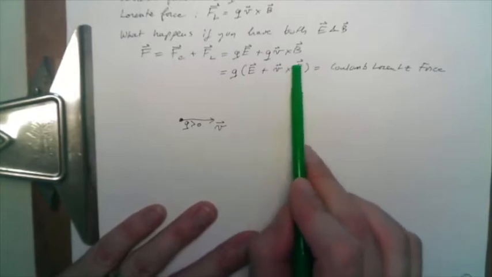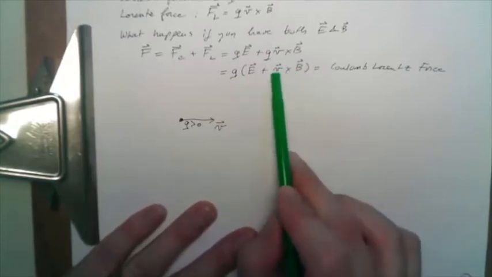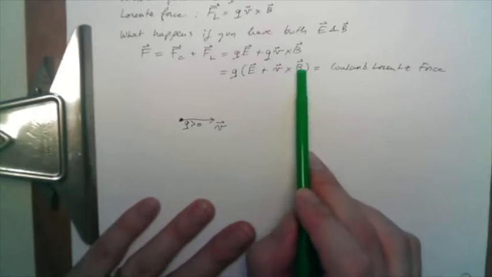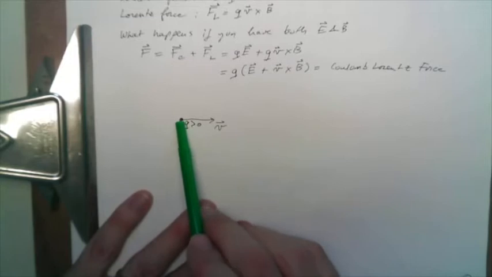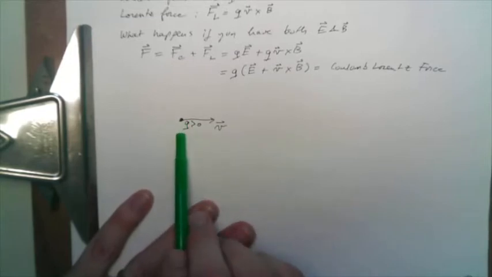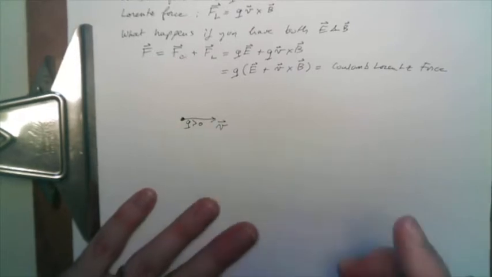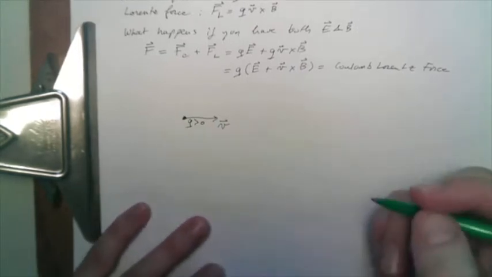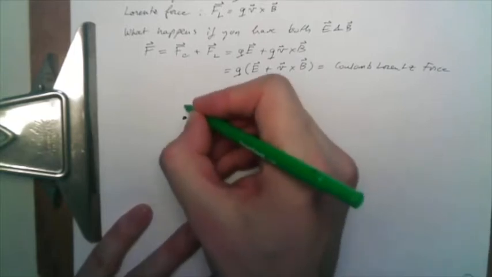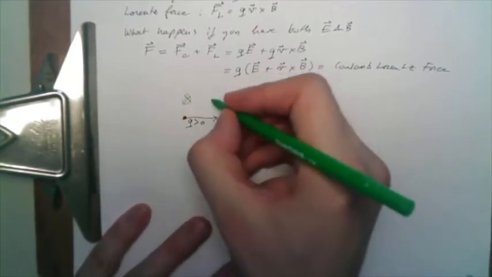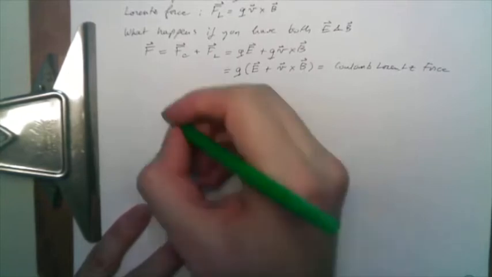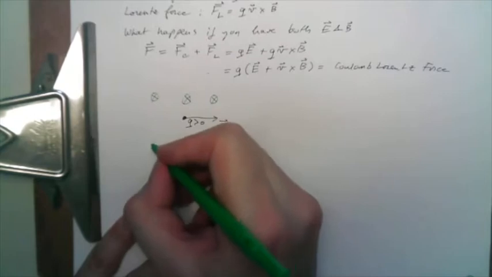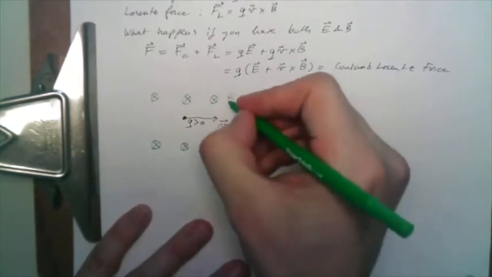In order for this Lorentz force to do anything, we need to make sure that the magnetic field is perpendicular to the velocity. So the magnetic field would have to be pointing, for instance, either into the paper or out of the paper. So let's call this the B field. So that's the B field.